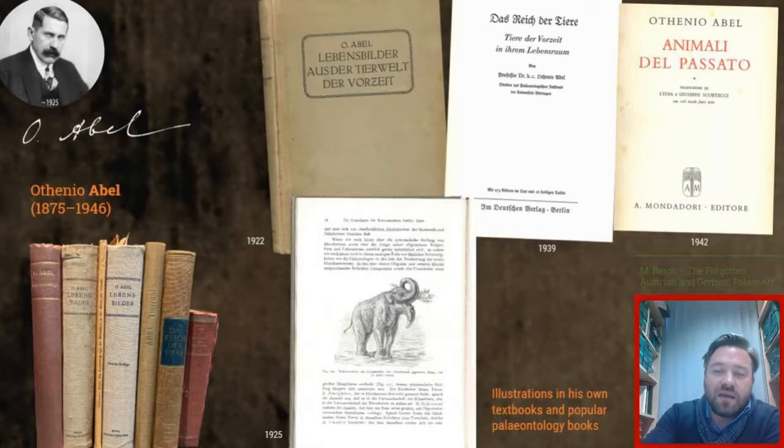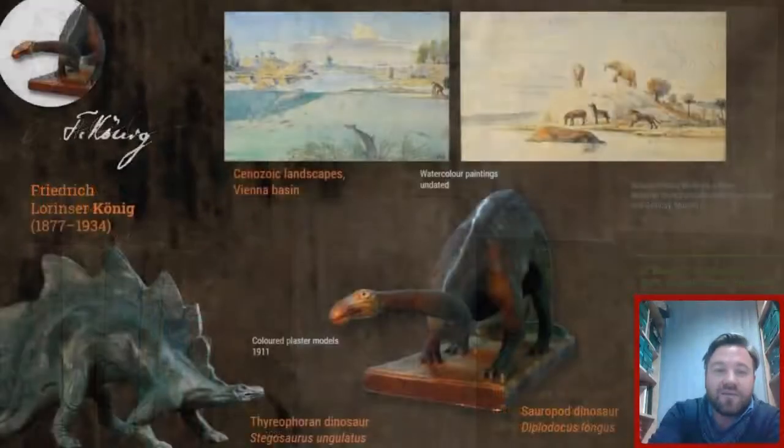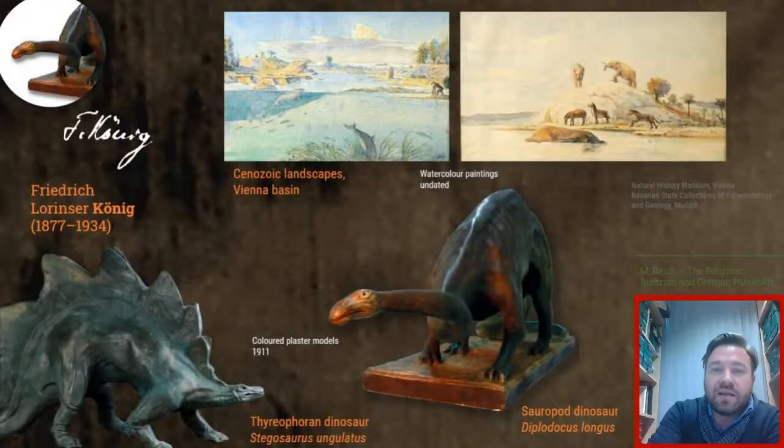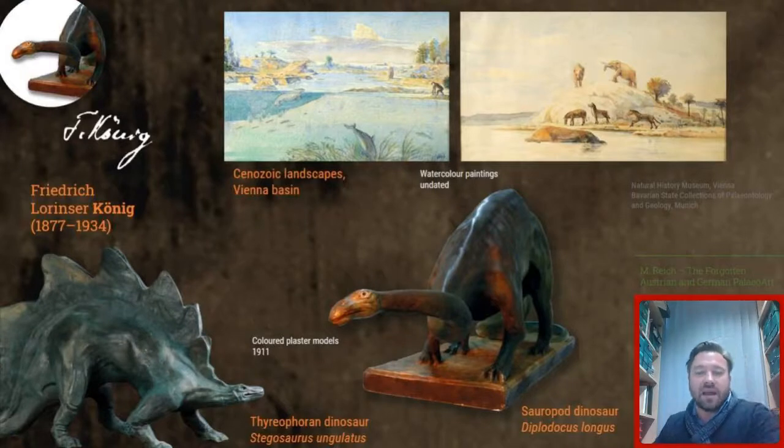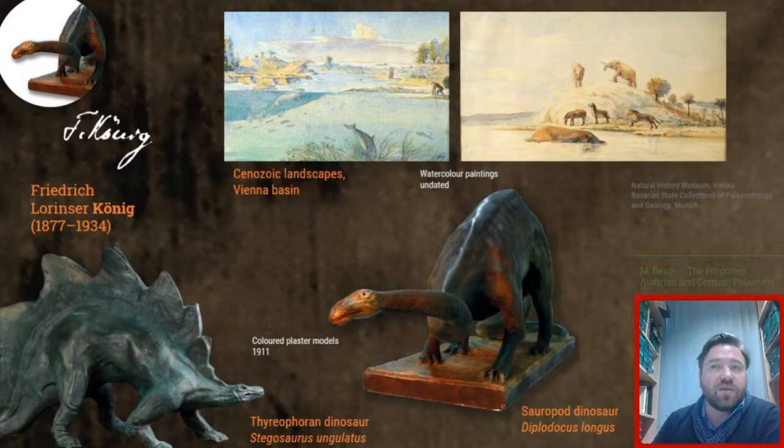And as I told you before, he influenced other people. One of them was Friedrich Lorenzer-König, a name which was introduced in our session very early in the beginning, or with the last slide of Stefanie's talk. Friedrich Lorenzer-König studied at the same time at the University of Vienna, where he got a PhD in chemistry and mineralogy.